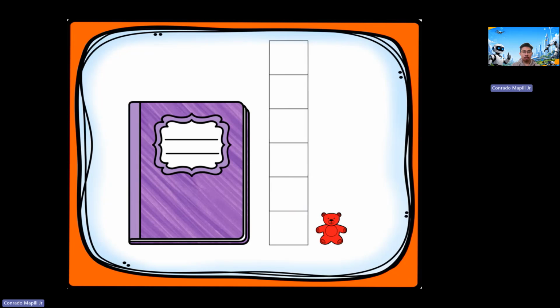All right, this time you are going to measure this composition book with some teddy bears. So I'm going to give you a guide because it's kind of hard to see on the screen how high the composition book is. So this is what you're going to use to gauge how tall the book is.